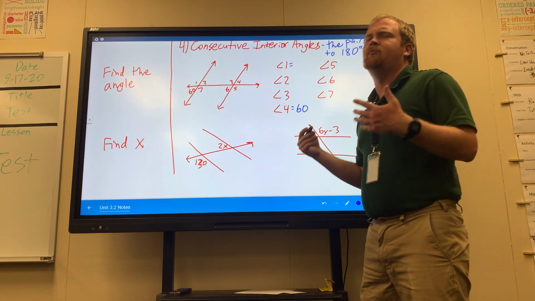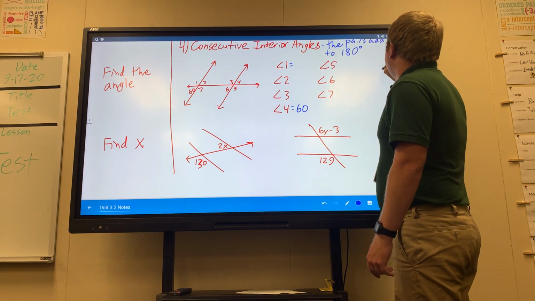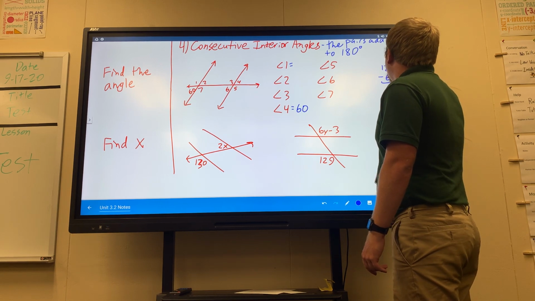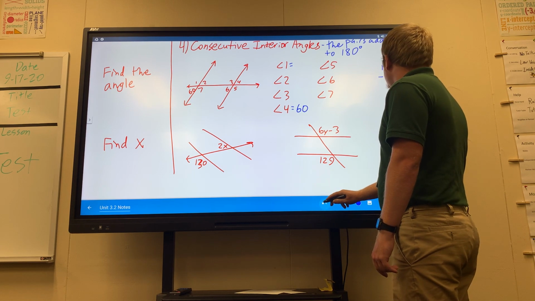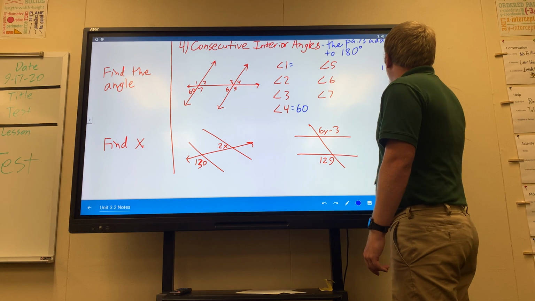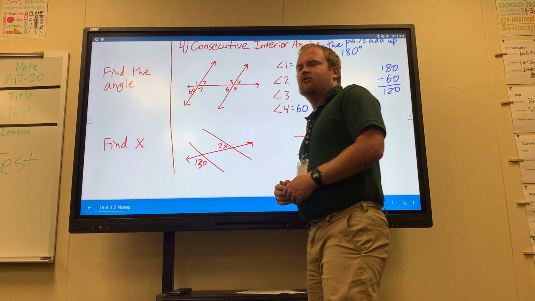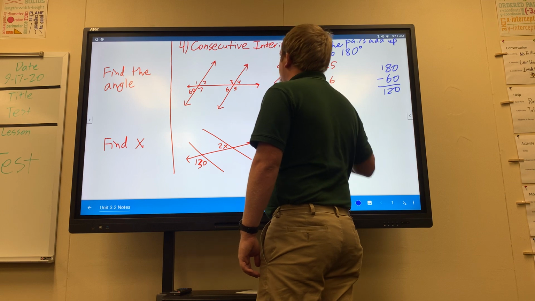And we know linear pairs add up to 180 degrees. So 180 minus 60 gives me 120 degrees. So angle 1 is 120 degrees.